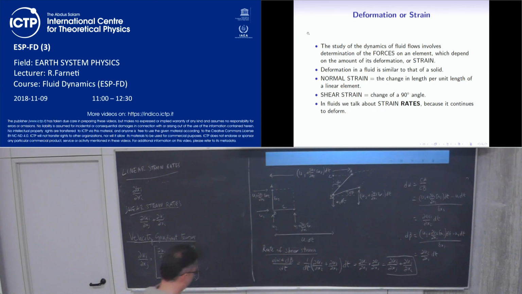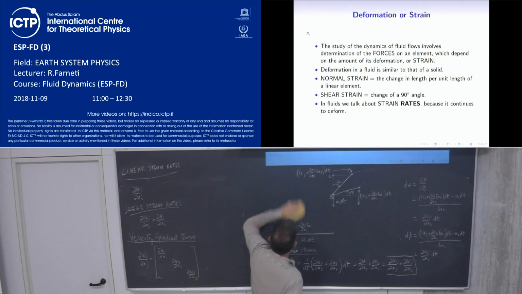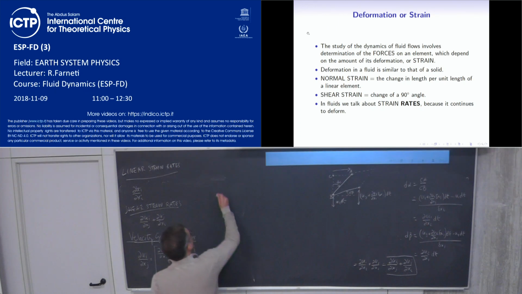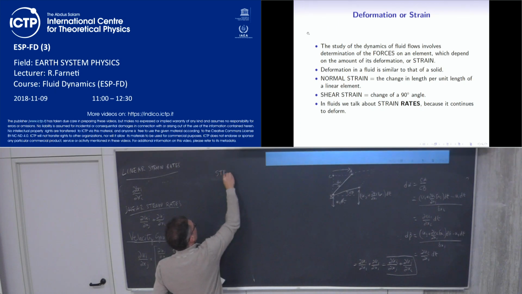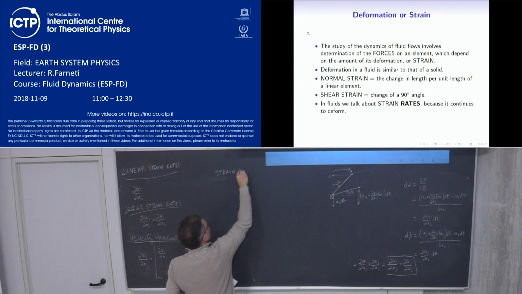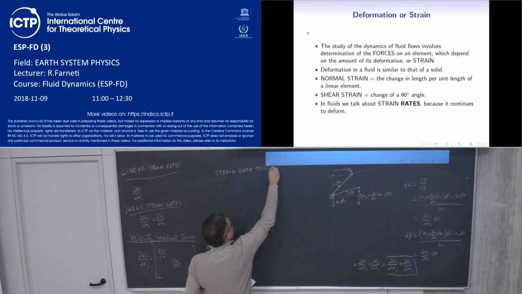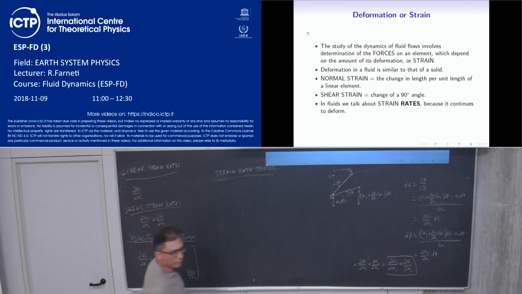These are my shear strain rates. And now we can define an even more useful tensor to combine the two, which is a strain rate tensor.